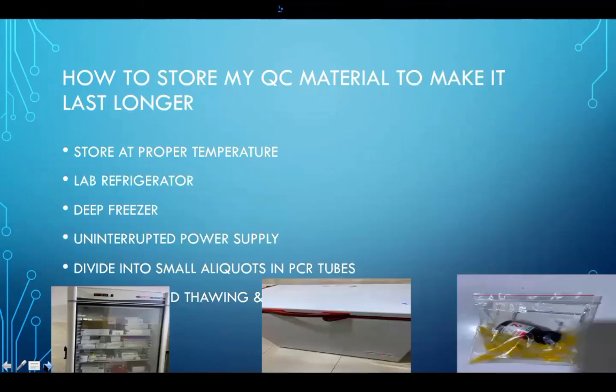And store these, as we discussed, at the appropriate temperature, whether it needs to be stored in the main compartment of the refrigerator or the deep freezer. And there should not be any interruption in the power supply. You're dividing into small aliquots.